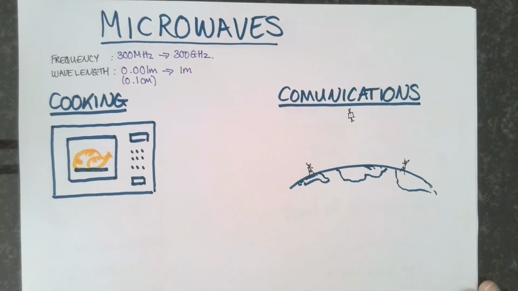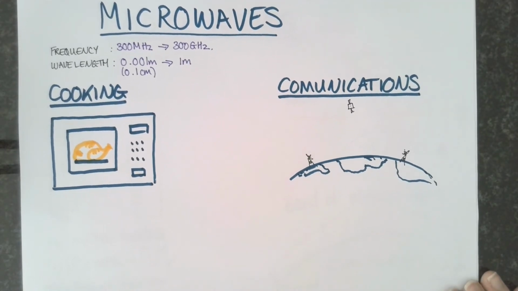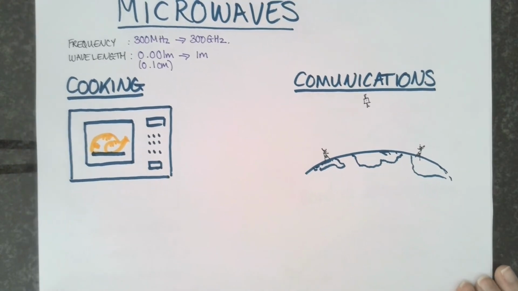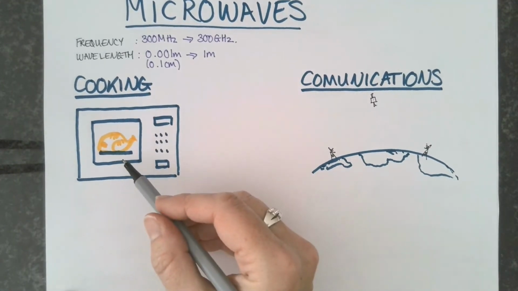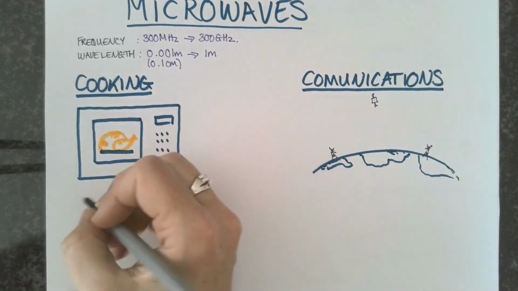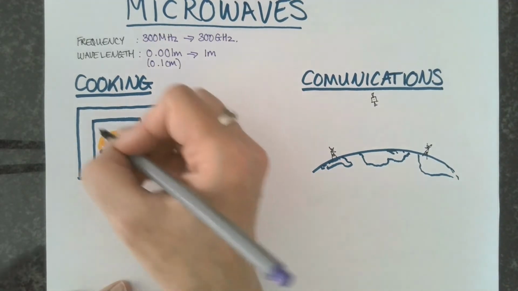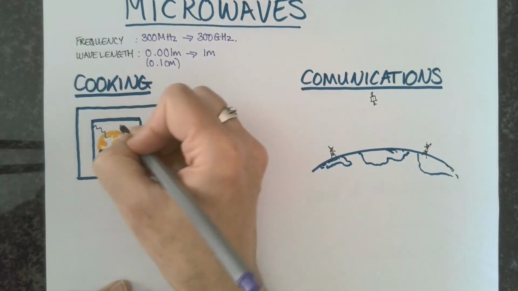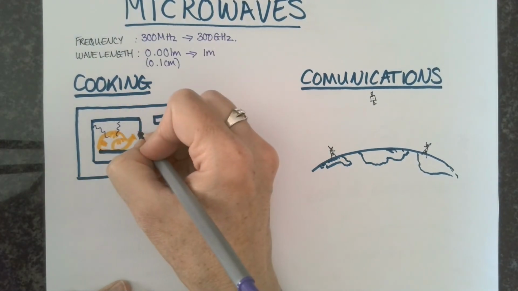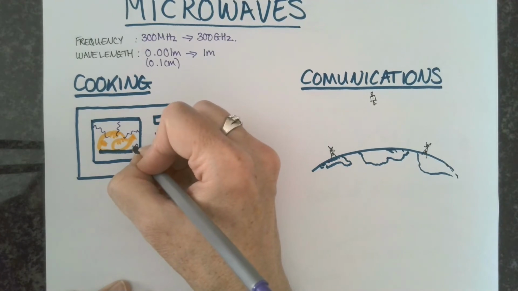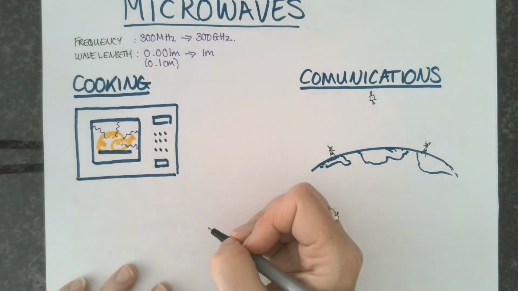Now we use microwaves for two things, cooking and communications. So let's look firstly at my lovely chicken in the oven here. Now what is happening is those wavelengths of the microwaves, remember waves are transferring energy.